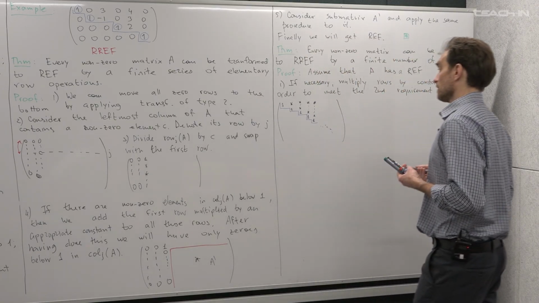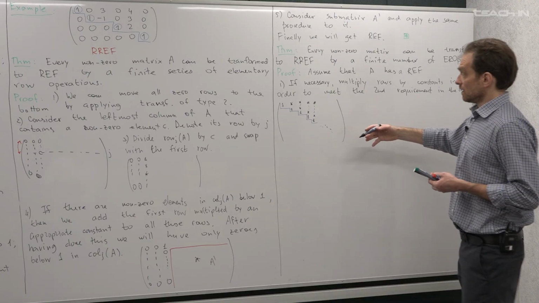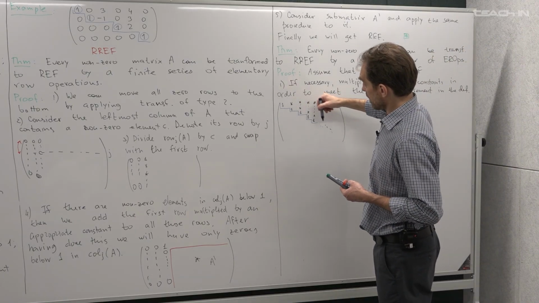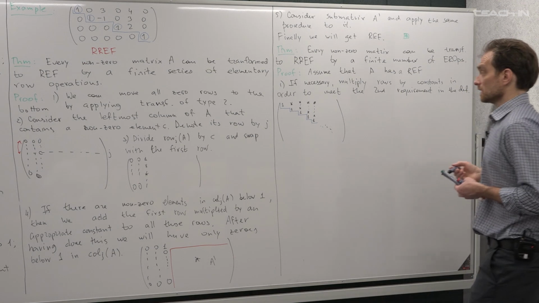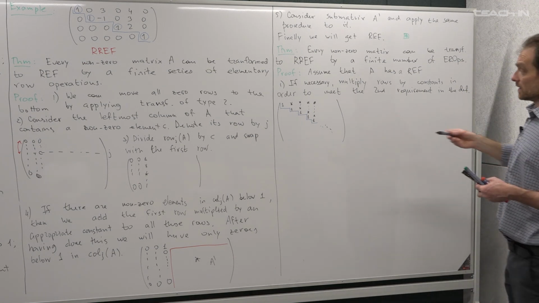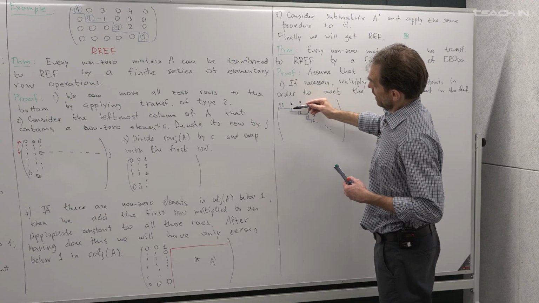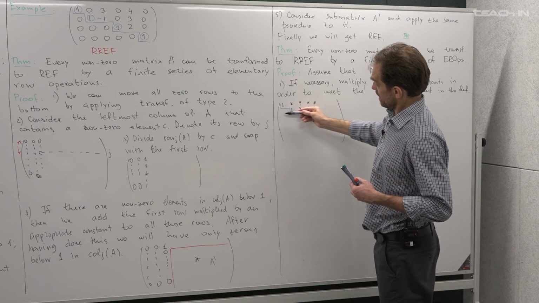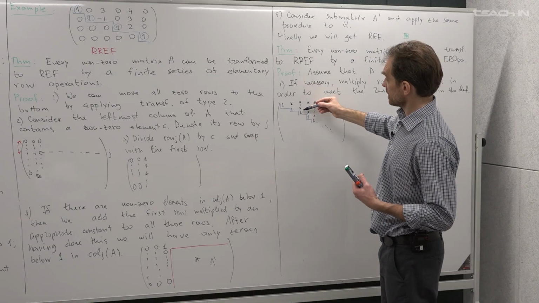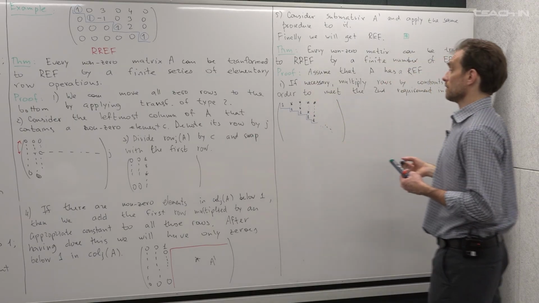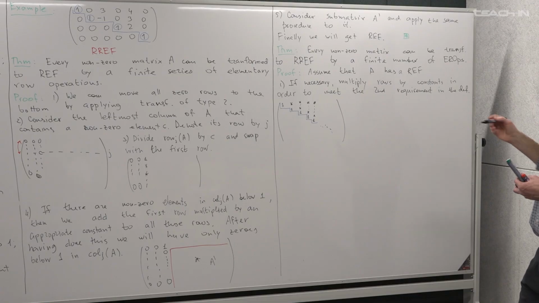So how to get rid of them? Since we have 1 in every column that contains a leading element, using this row we can add a row multiplied by an appropriate constant to get rid of all the elements above this leading 1.